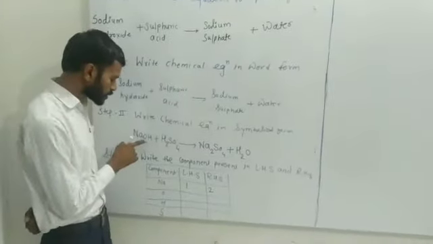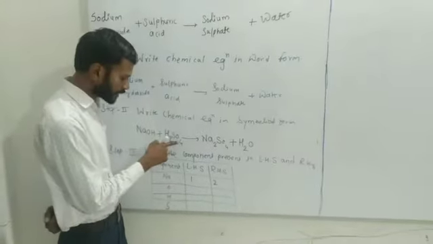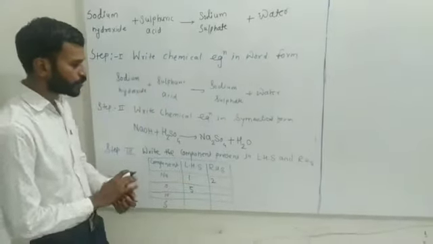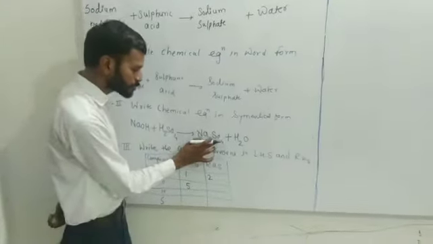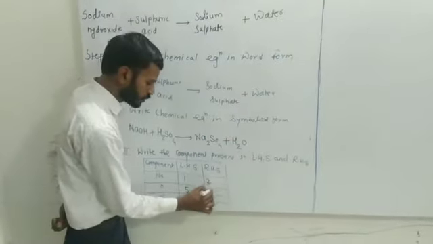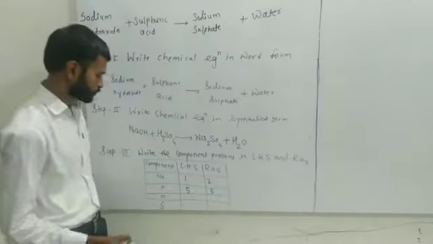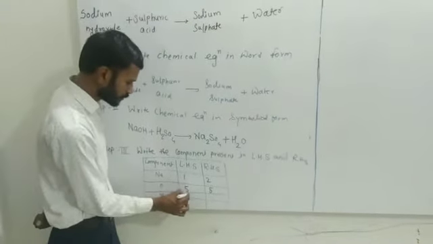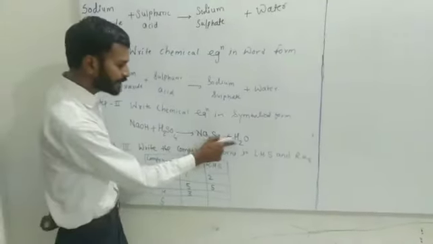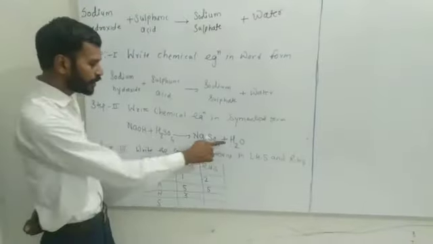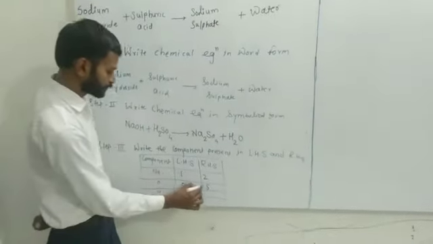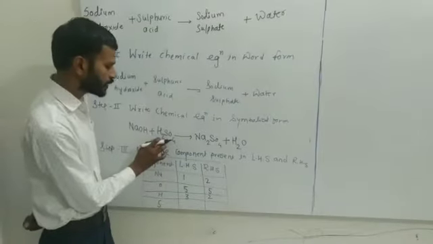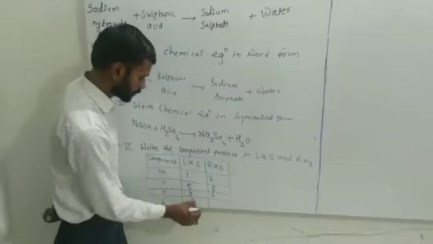Then oxygen: 1 and 4 become 5 on the LHS, and on the RHS 4 and 1 is 5. Hydrogen: 1 plus 2 becomes 3, and on the RHS there are only 2 hydrogen atoms. Sulfur: 1 and 1.